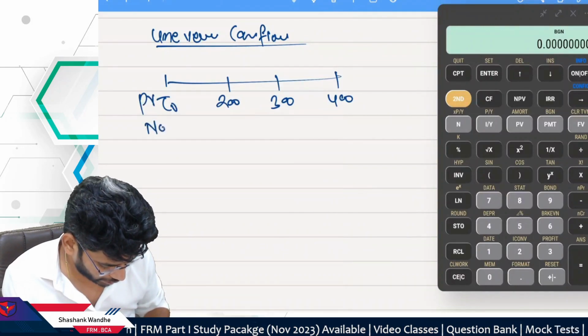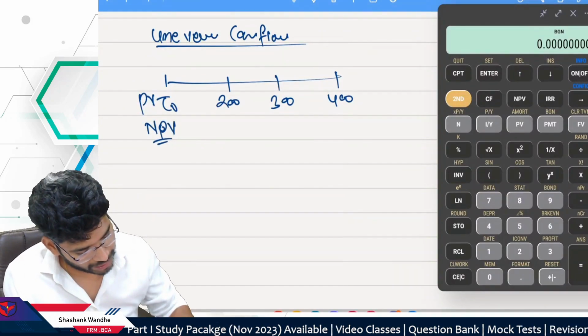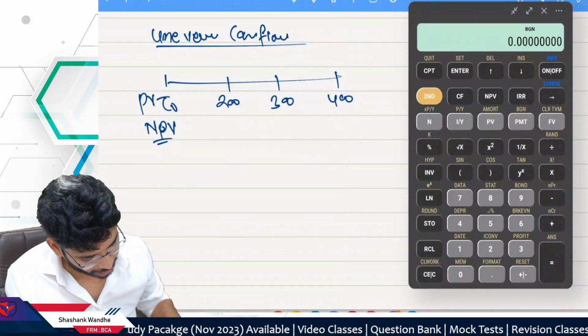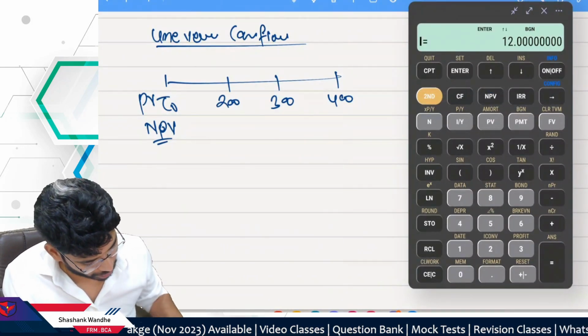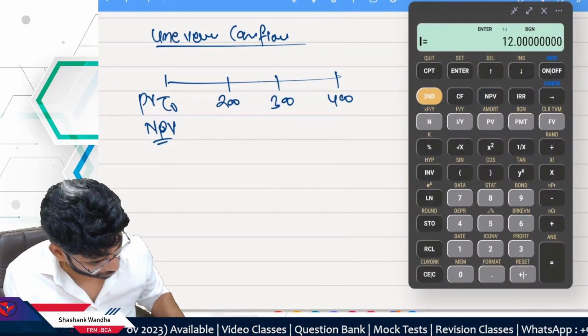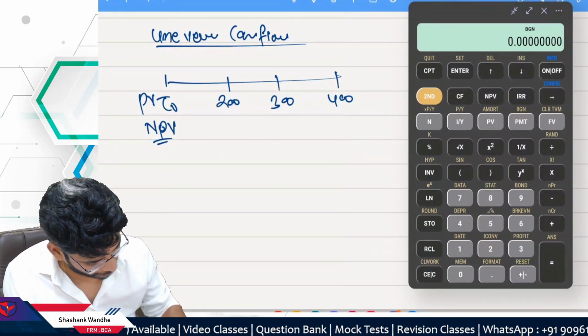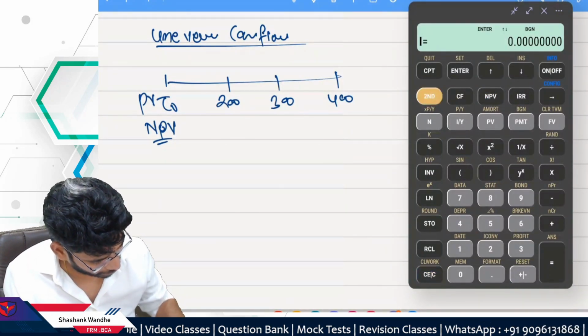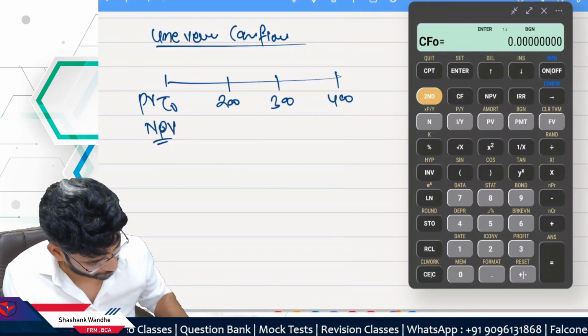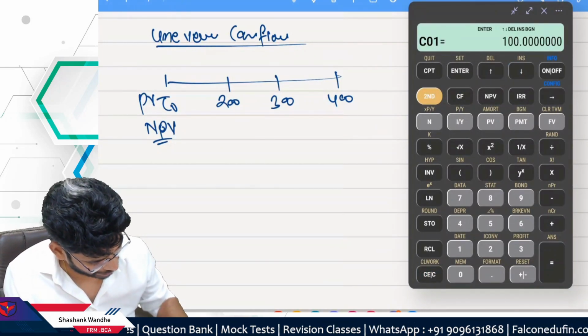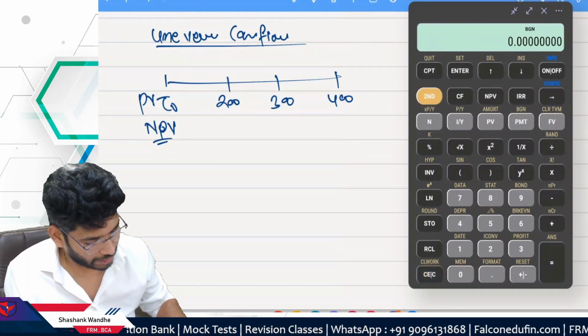In this particular case, we have to use the separate NPV function. So clear the NPV work, clear the second NPV work, and clear the cash flow work. Okay, so our cash flows are clear now.